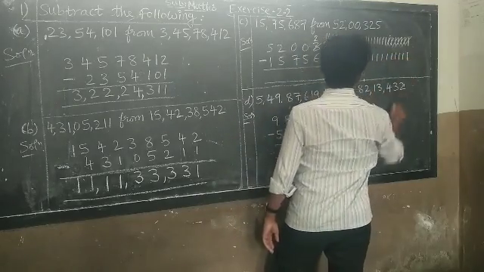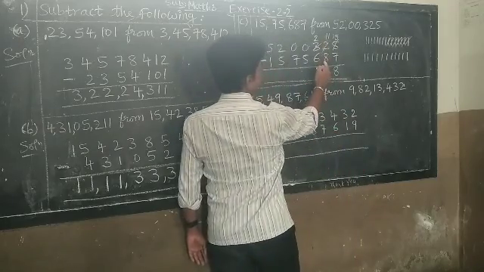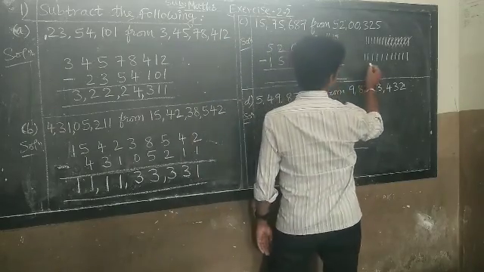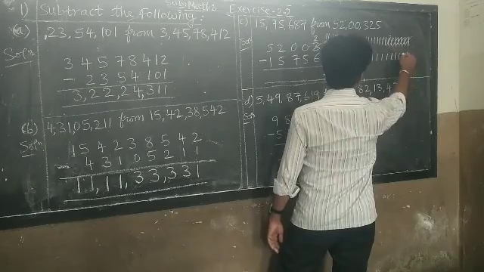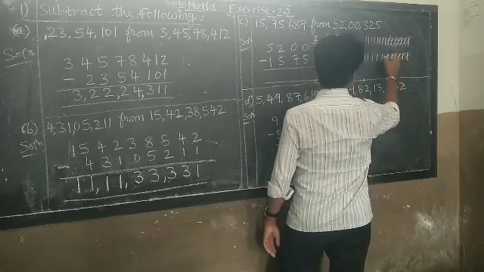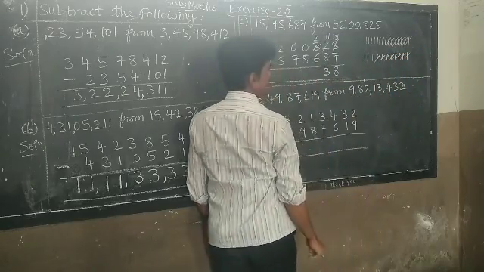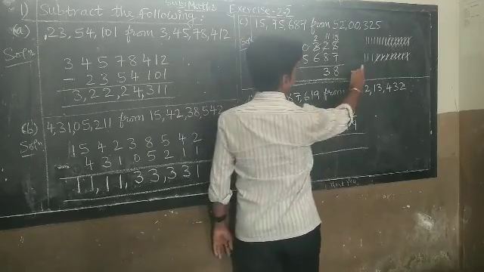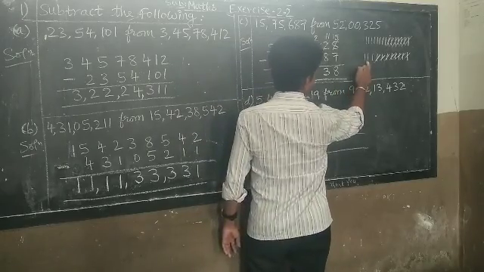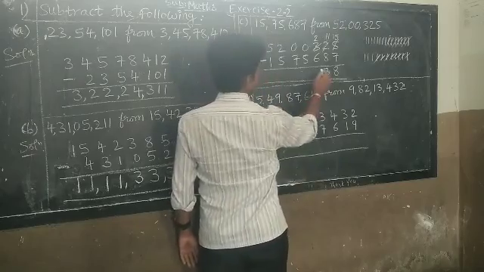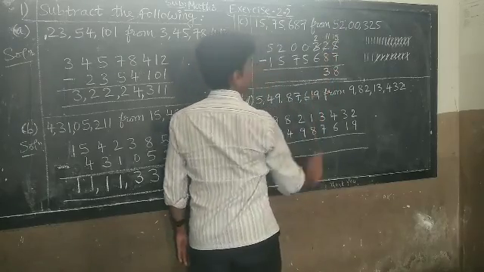How many lines are remaining? 1, 2, 3. So 11 minus 8 is 3.